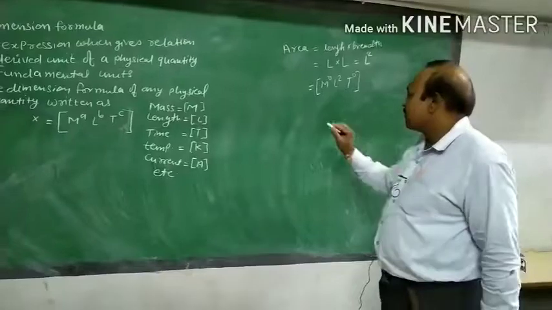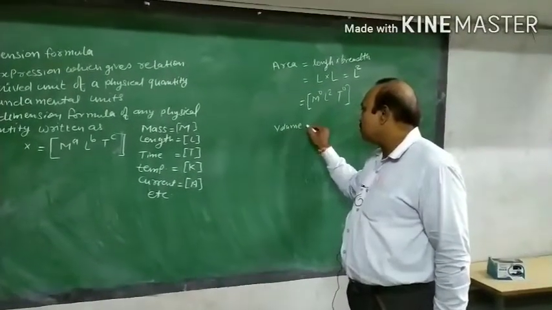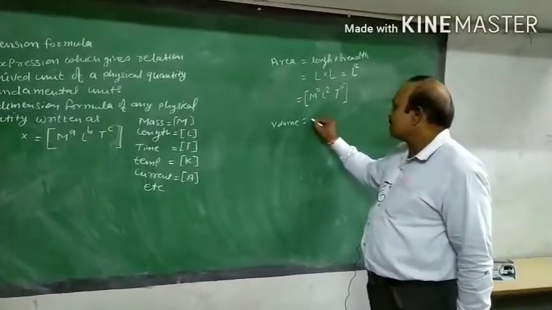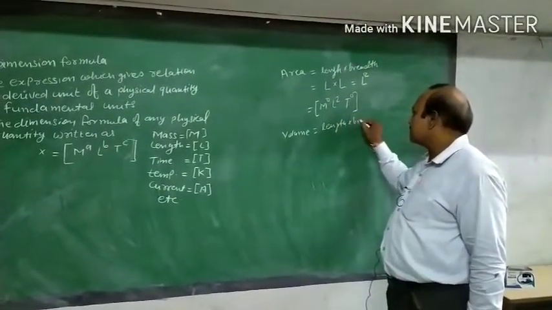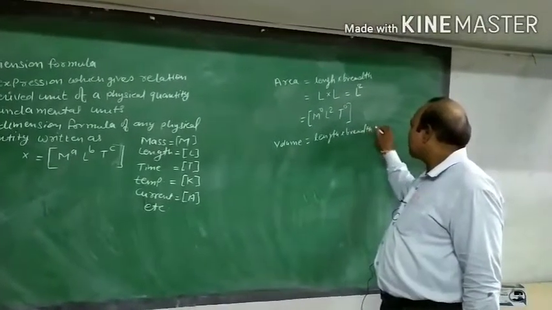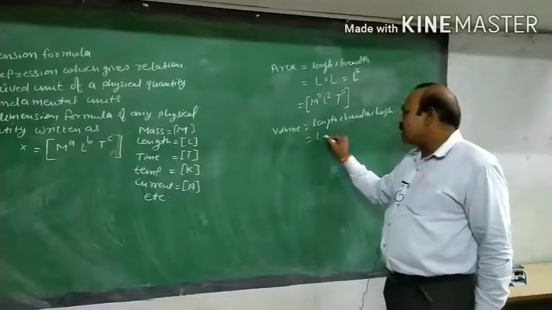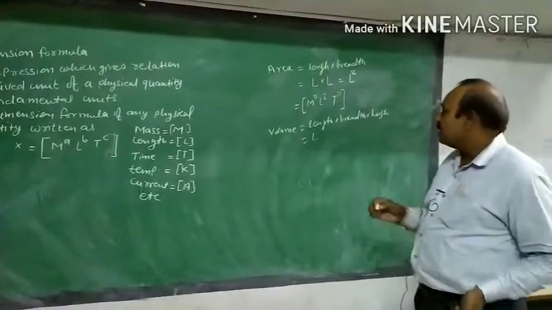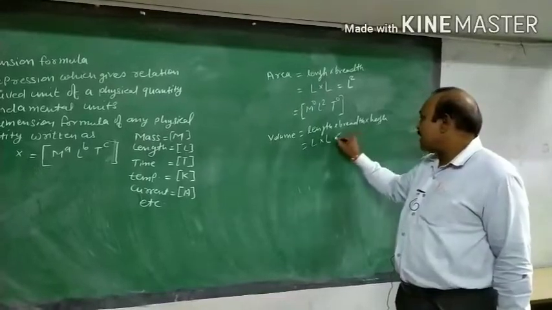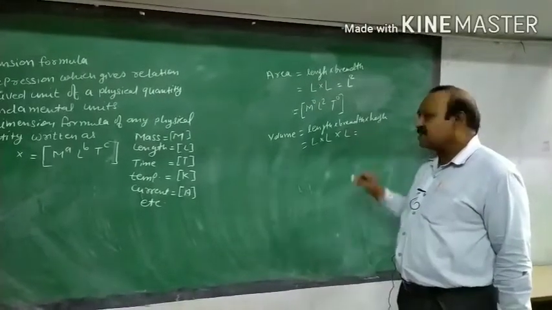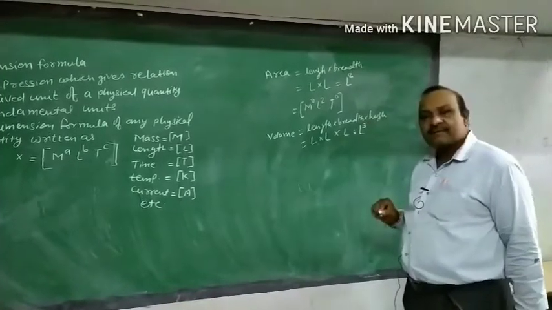In a similar way, we find out the dimension formula of volume. It is represented by length into breadth into height. Length is a fundamental quantity represented by L. Breadth is a fundamental quantity represented by L. Height is a fundamental quantity represented by L. And in total, it is L to the power 3.